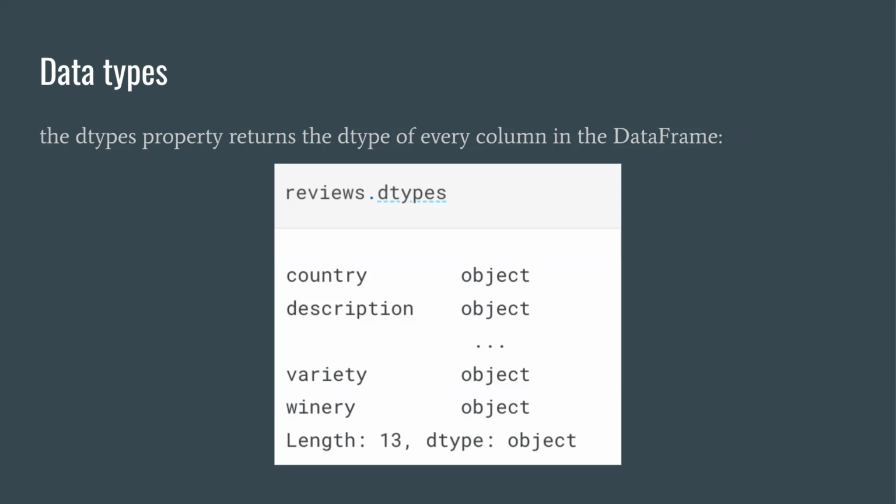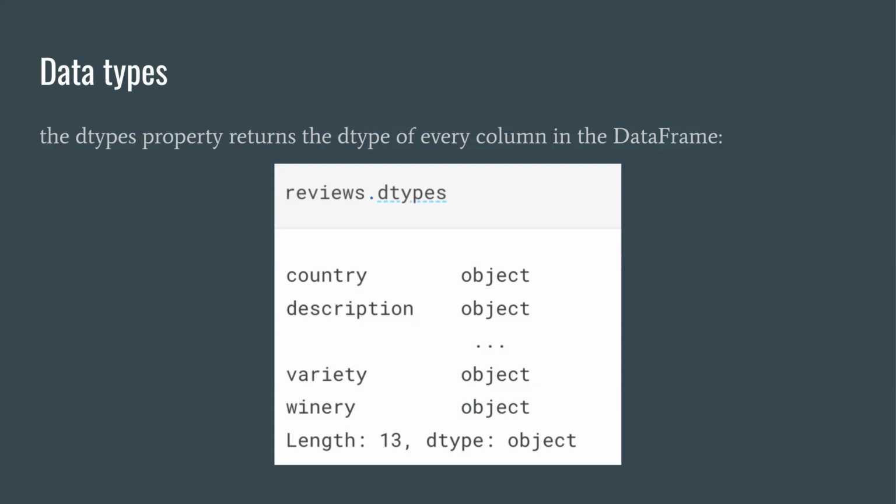If you find float64, it means that it's using a 64-bit floating point number. If you see int64, it means there's an integer instead, but the integer is 64-bit. So in computer memory, they both take up 64 bits.